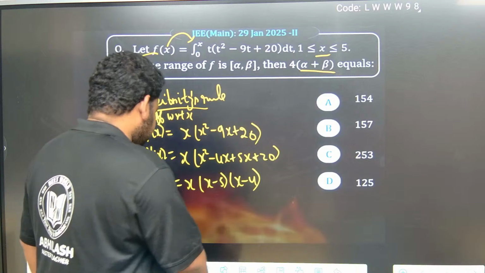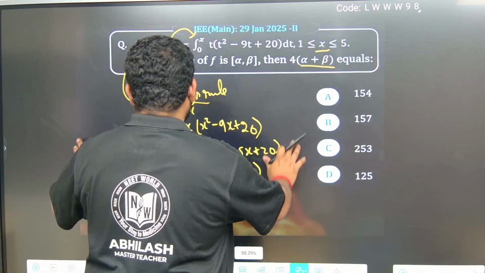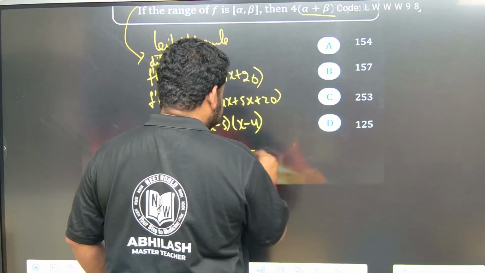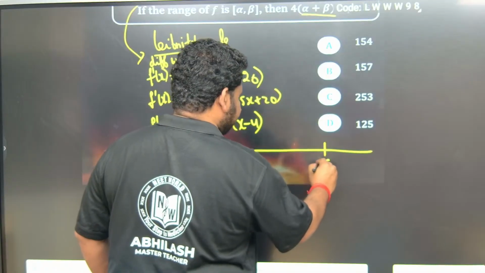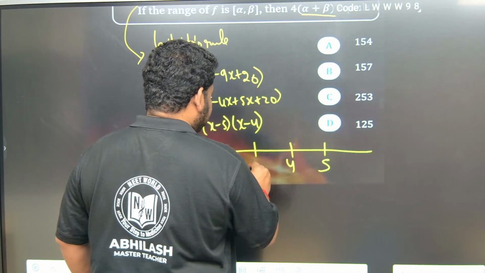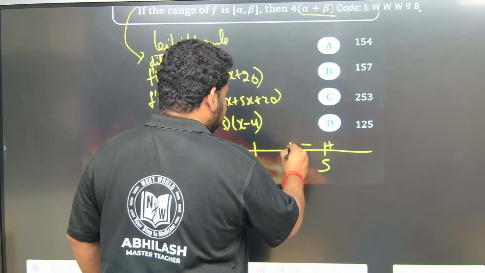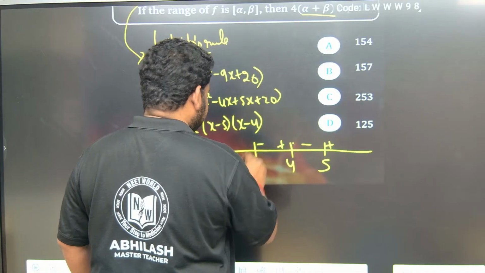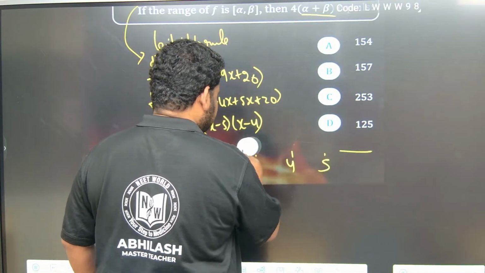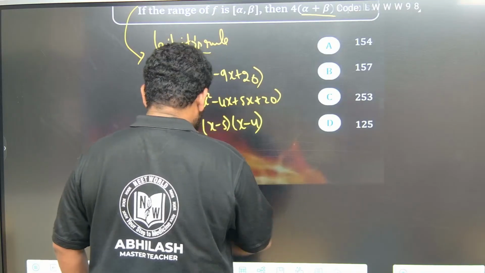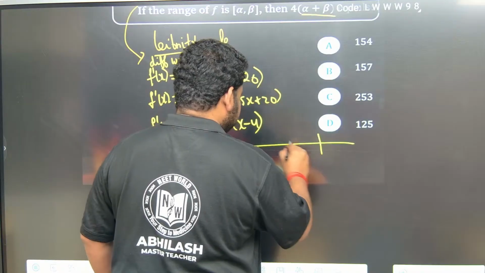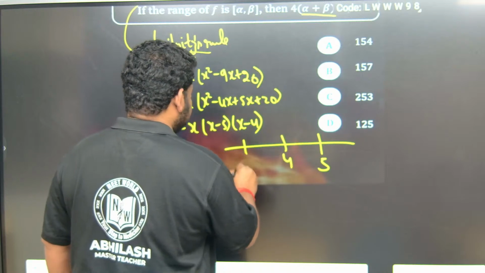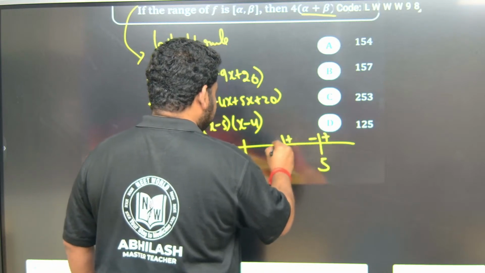Now, where will the function split, or where will the values of x lie? On the number line, the critical values are 5, 4, and also 0. The signs will be plus, minus, plus, minus, plus, minus.